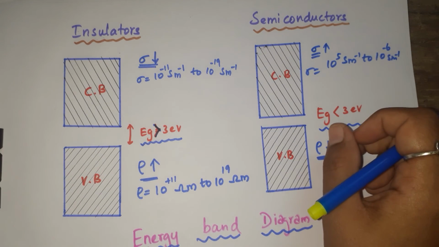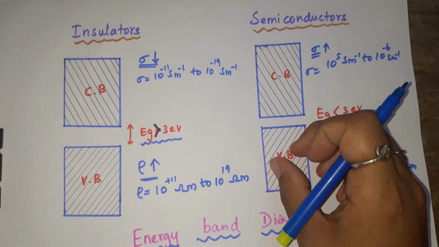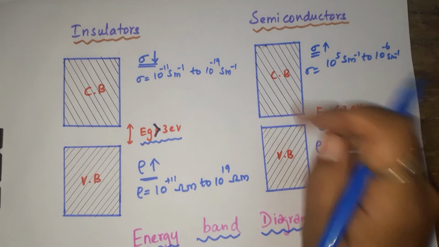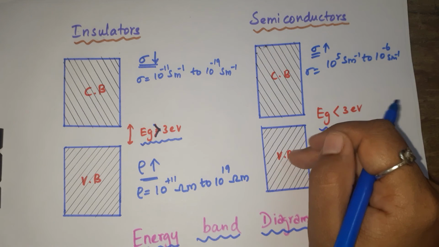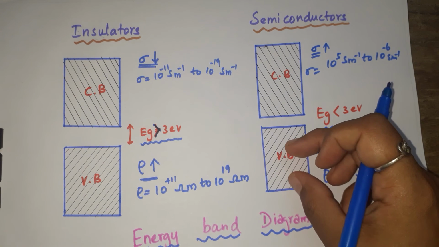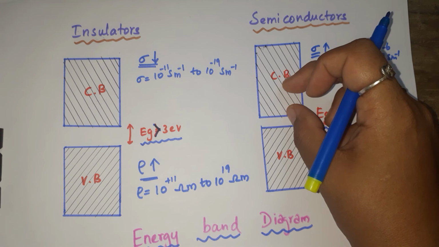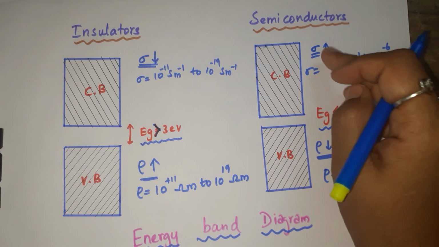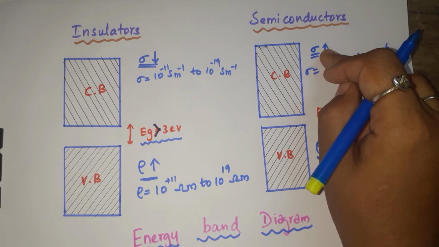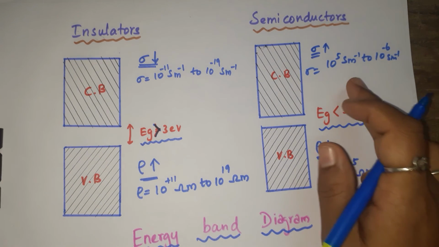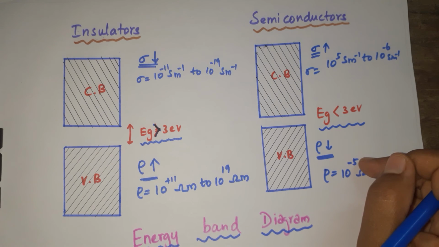At room temperature, some electrons acquire enough energy to move from valence band to conduction band. As the temperature increases, more electrons can move. The conductivity of a semiconductor increases with temperature and resistivity decreases, because both are inversely proportional to each other.